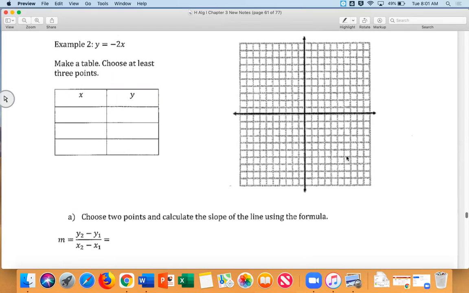y equals negative 2x. So, who do I want to pick on? Kevin. Kevin, you can't not participate today. It's my birthday. I will use that all day.